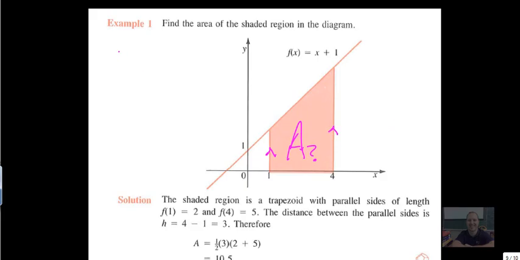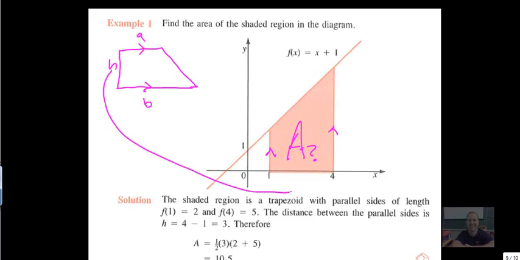So we could draw this trapezoid if we just tilted it on its side, and it would look something like this. Here's A, here's B, and here's the height. That height is the distance between 1 and 4, and the A would be this distance right here. Because this is a function line, this height is f of 1, and this height here is f of 4.